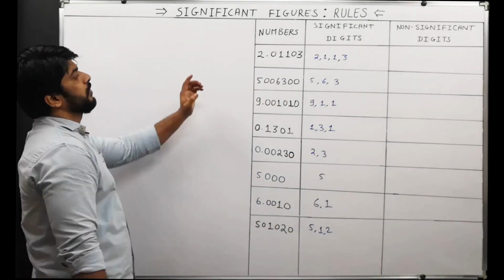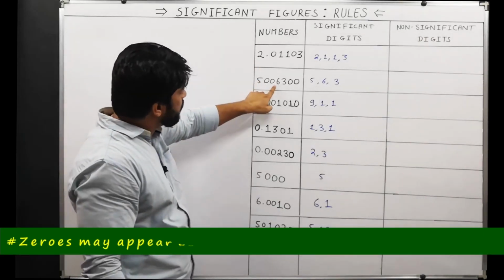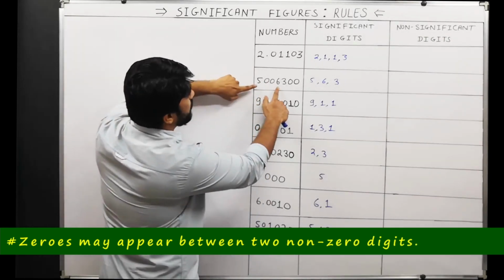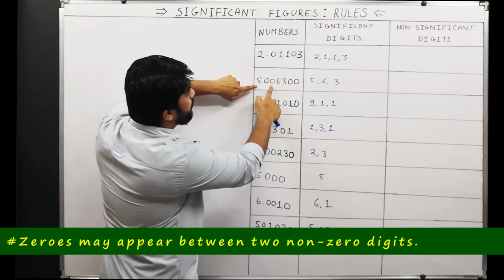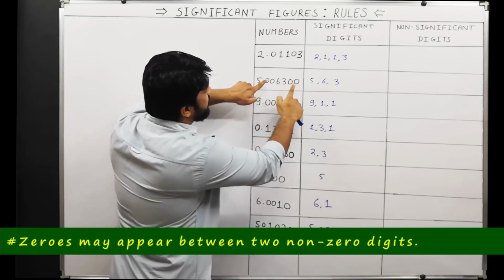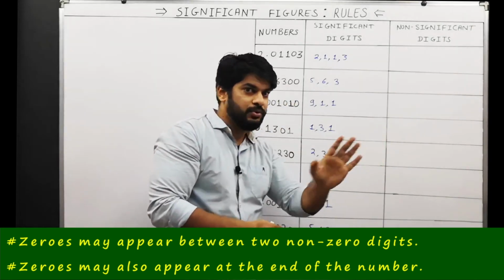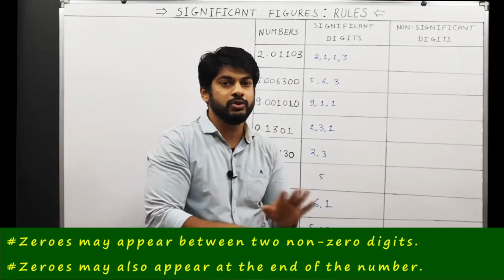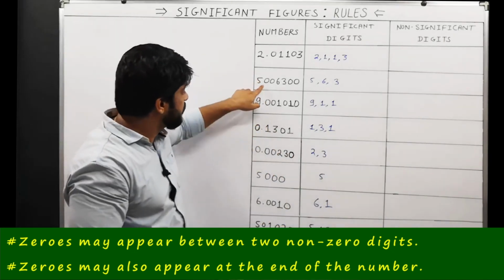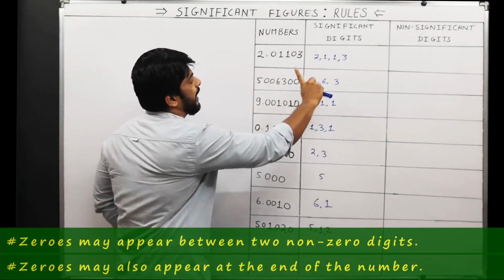Zeros may appear between 2 non-zero digits, and at the same time the zeros may appear at the end, not between the 2 non-zero digits.